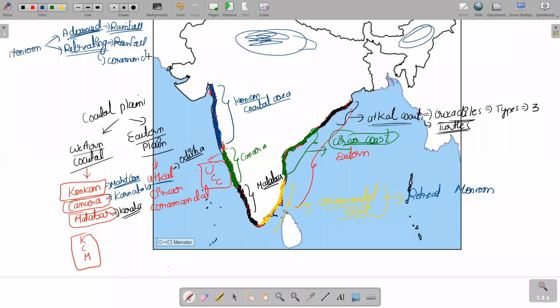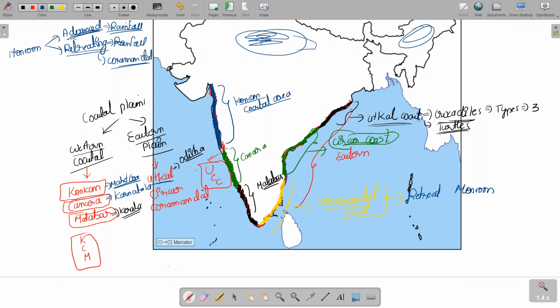That's the way you have to remember. The Coromandel coast does not receive rainfall during the advancing monsoon, but it receives rainfall during the retreating monsoon.